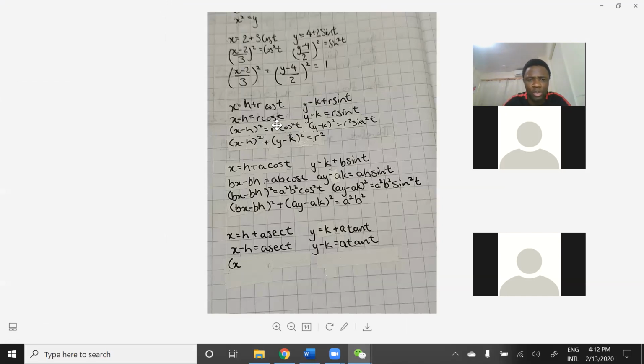When you add, you're supposed to have r square cos square t, r square sine square t first. On the next line, show us how you factorize r square brackets, cos square plus sine square in the bracket, which led to 1 before you write this.